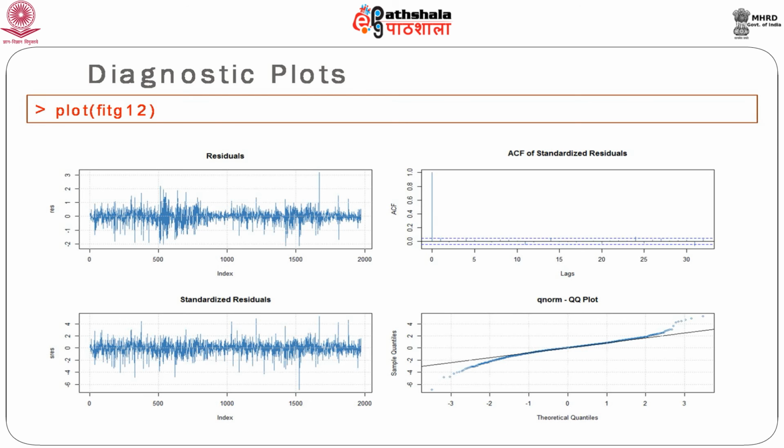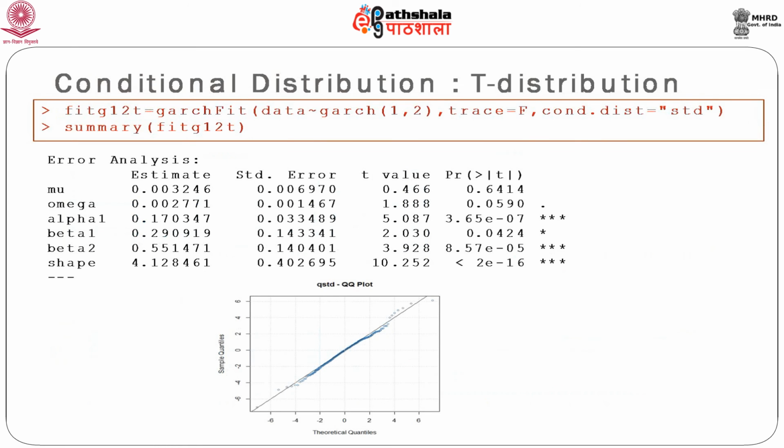You can see the two extremes are far away from the line, indicating some violation of normality. So the normal distribution that I assumed may not be appropriate for this, and we should go further.